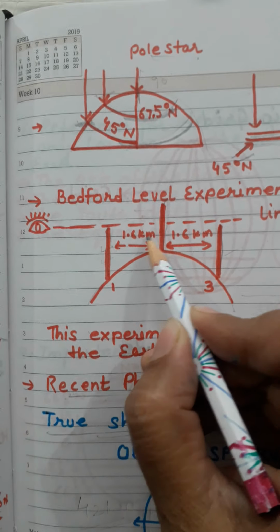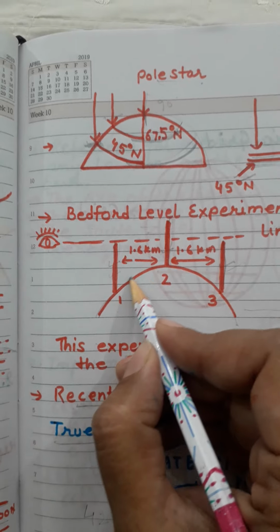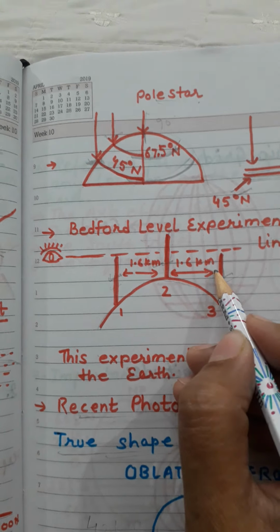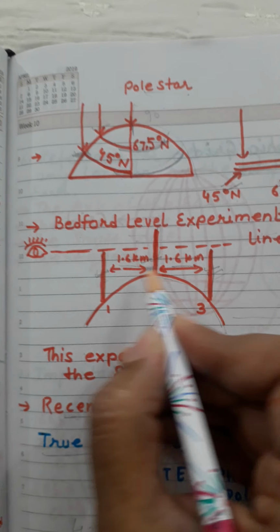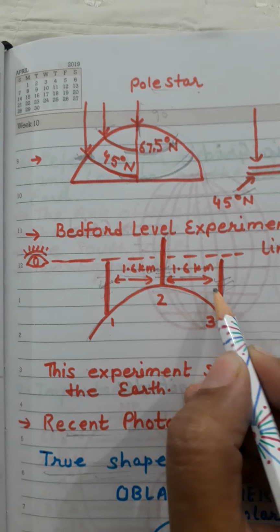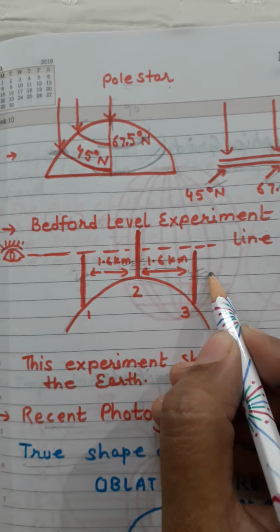These are the three poles of the same height. And he fixed these three poles at an equal distance. What is the distance between these two poles and these two poles? 1.6 kilometer here, 1.6 kilometer here.